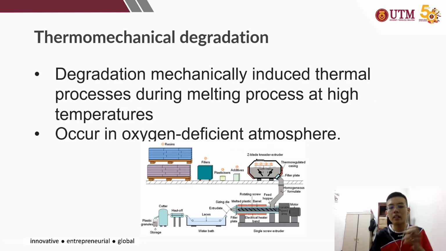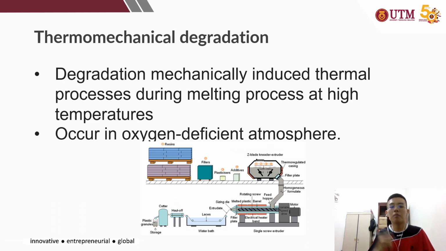Then after that, thermomechanical degradation. From these two words, we know we use thermal or mechanical means to degrade the polymers. It is degradation mechanically induced by a thermal process during melting at high temperature.